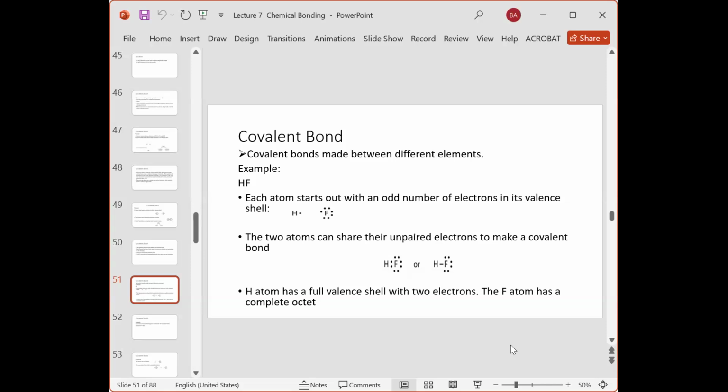Hydrogen has only 1 electron. It wants to become 2. Hydrogen is different. Fluorine has 7, and it wants to get 8. So the hydrogen will come and bond with the fluorine here, and they will bond together like this. Now hydrogen has 2, fluorine has 8 electrons.